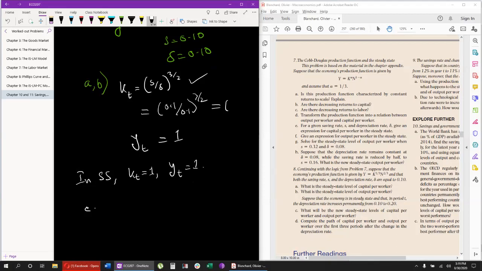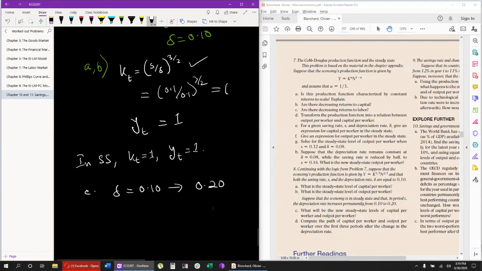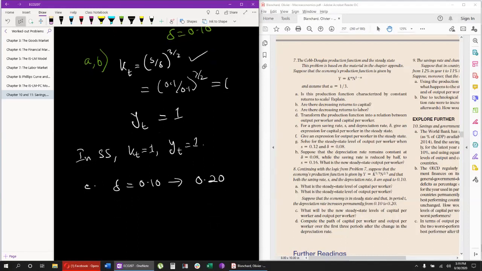Part C. Now what has happened is savings has stayed the same, but depreciation, which used to be 10%, has increased to 20%. And what will be the new levels of steady state capital per worker and output per worker? That's easy enough to calculate. Capital per worker is still (s/delta) to the power 3/2.